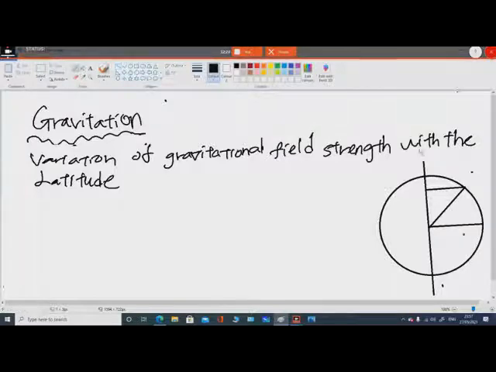Consider we have north, east, south, and finally west. Consider our mass is here. This is our mass m, and this is the angle here.